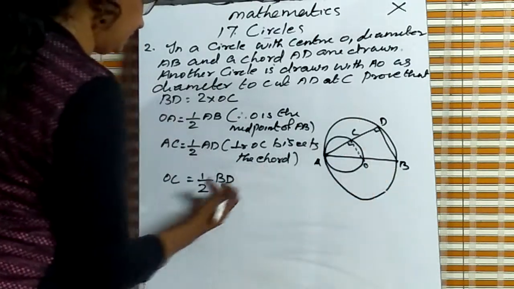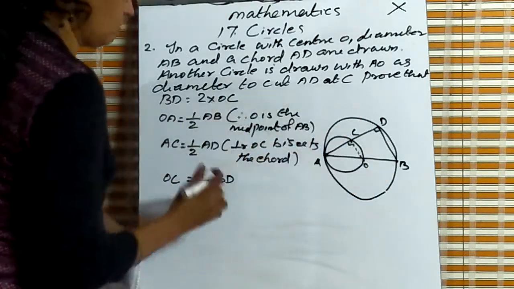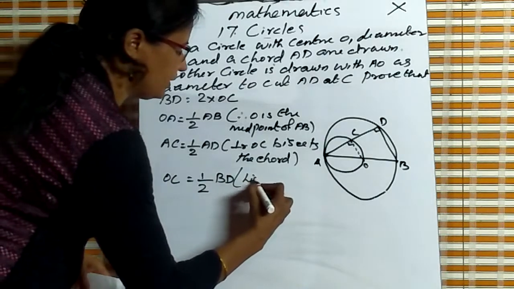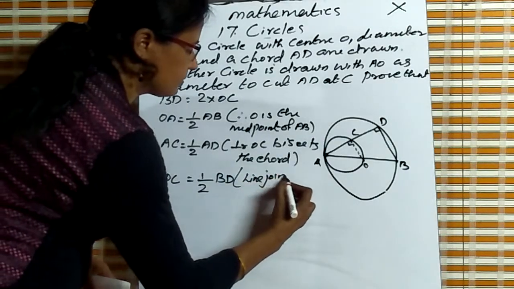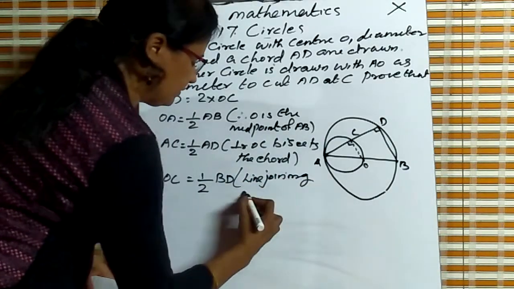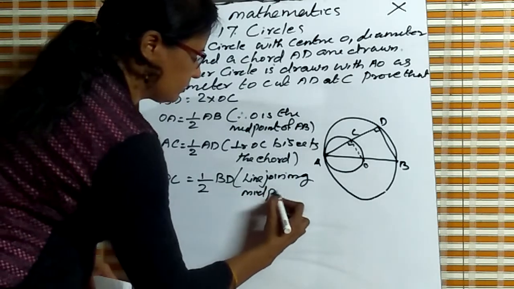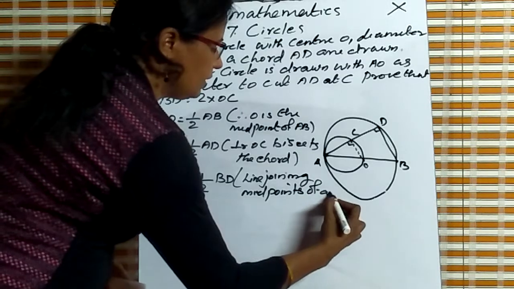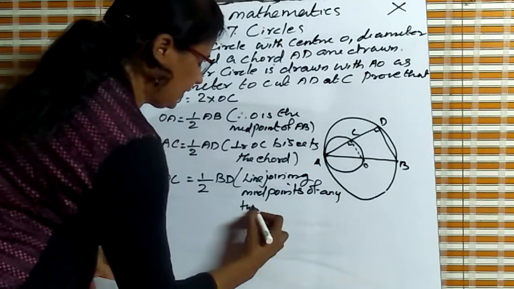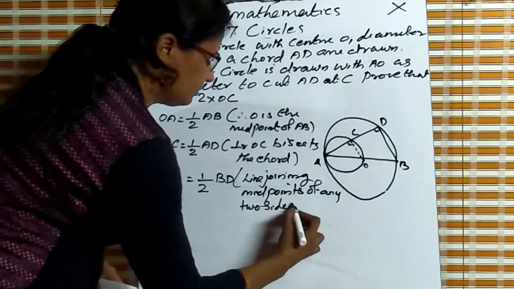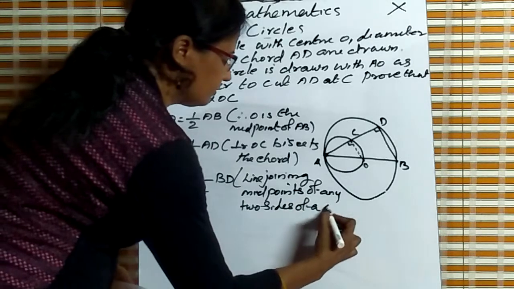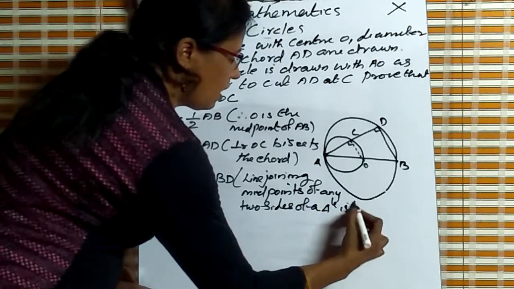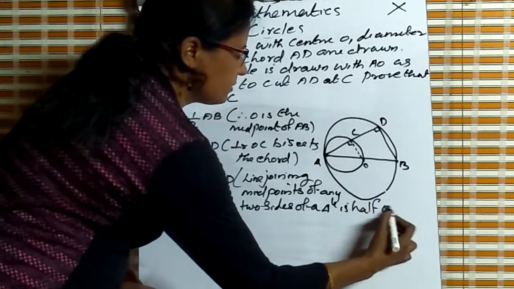Third side is BD. Half of BD is this OC.